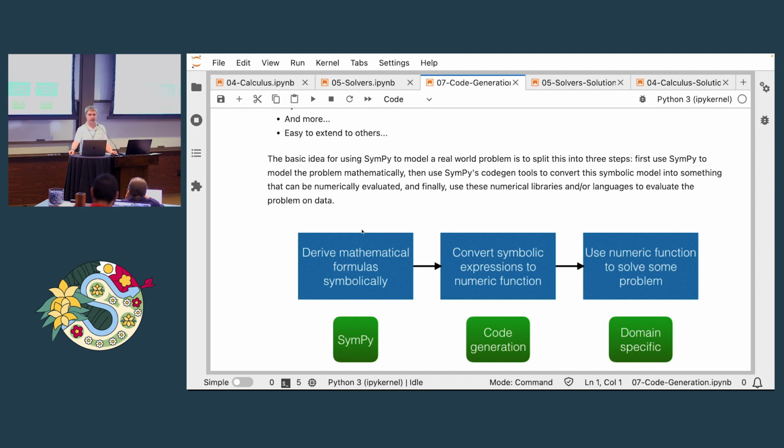SymPy is very good at doing the kind of bookkeeping that you wouldn't want to do by hand, and it can easily handle expressions that are pages and pages long, and then generate code for those. That's something you'd never want to type out manually or fuzz together by hand. But SymPy can do it pretty easily.